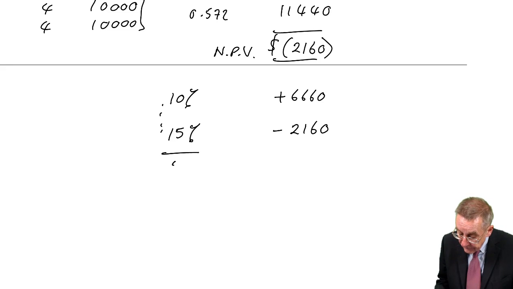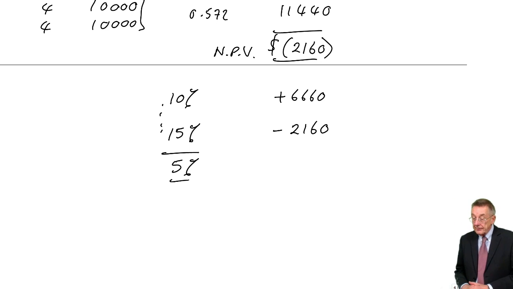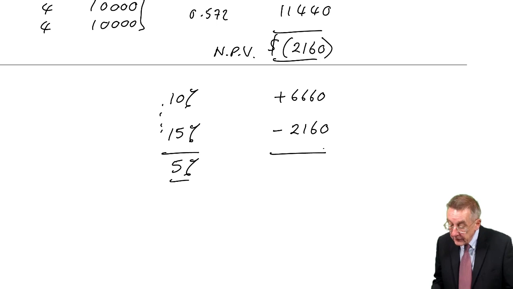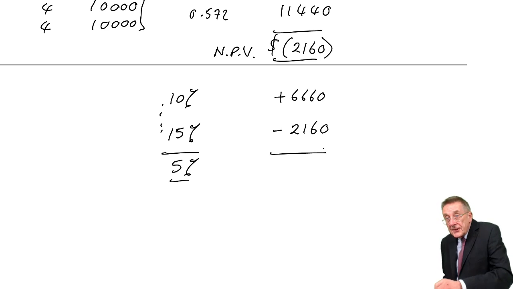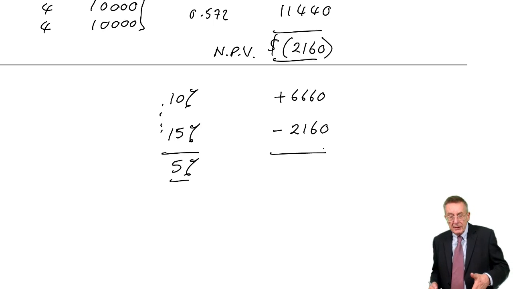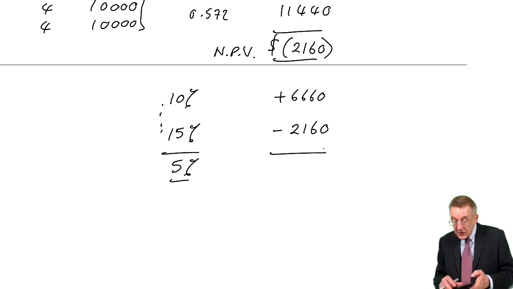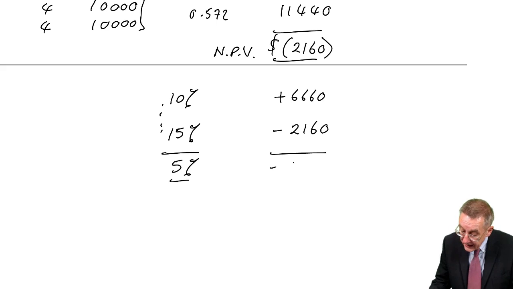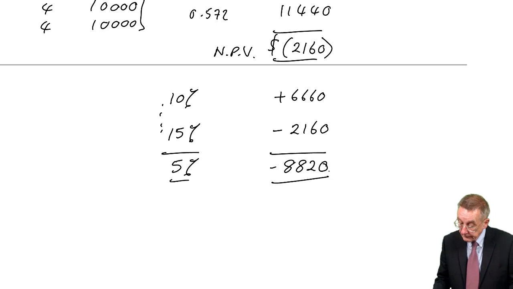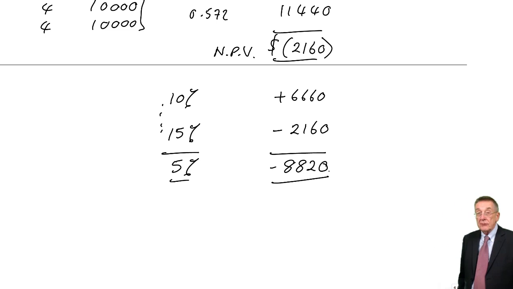Over a change of 5 percentage points, from 10 to 15, the net present value fell from plus 6,000 to minus 2,000. I'll put the exact figure in a minute, but it went from plus 6 to minus 2. It fell by 8,000. How much did it fall by exactly? 6,660 down to minus 2,160. It fell by 8,820.